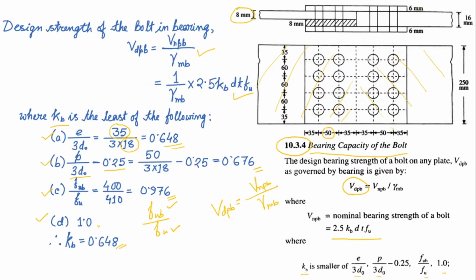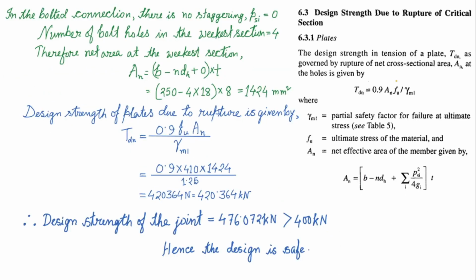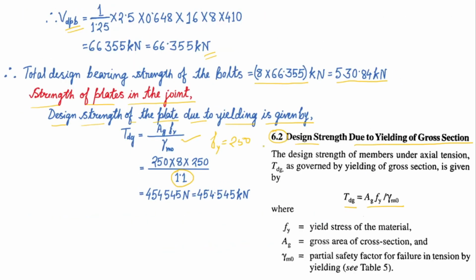One is 8 mm, another is 16 mm. But to calculate TDG we have used the area of the smaller one. AG equal to 50 into 8. So finally the design strength due to yielding of gross section comes out as 454.545 kilonewton TDG.